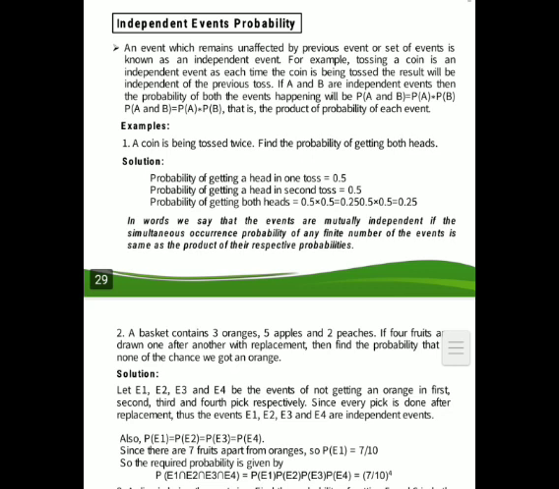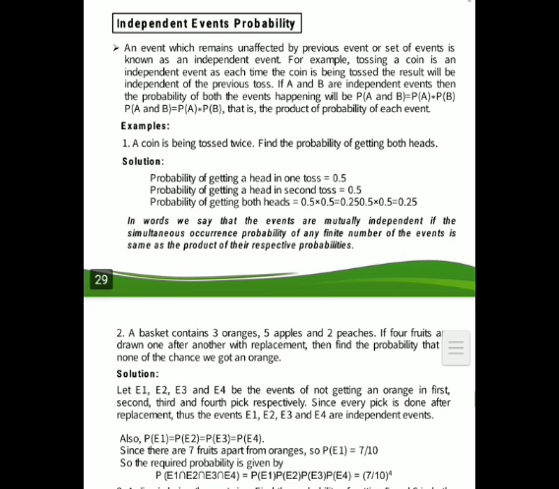Probability of getting both heads is equal to 0.5 times 0.5, which is equal to 0.25. In words, we say that the events are mutually independent if the simultaneous occurrence probability of any finite number of the events is the same as the product of the respective probabilities.